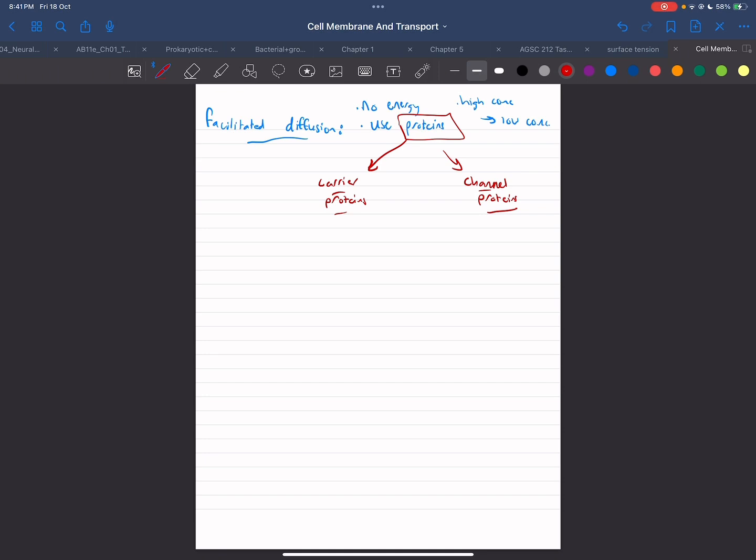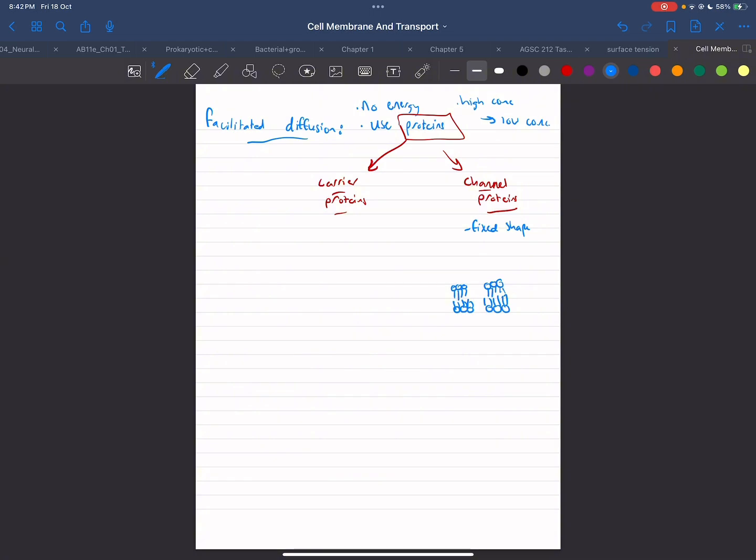Now what's the difference between those two? Channel proteins have a fixed shape, so their shape is not going to change. For example, this is my membrane, this is my phospholipid bilayer. Now I left a gap in the middle to show you.